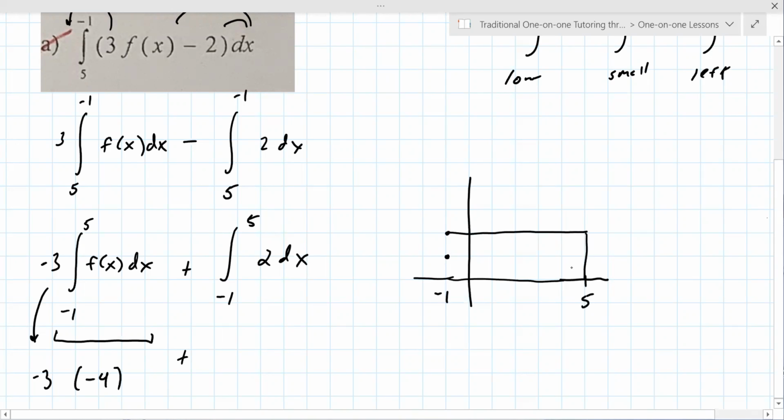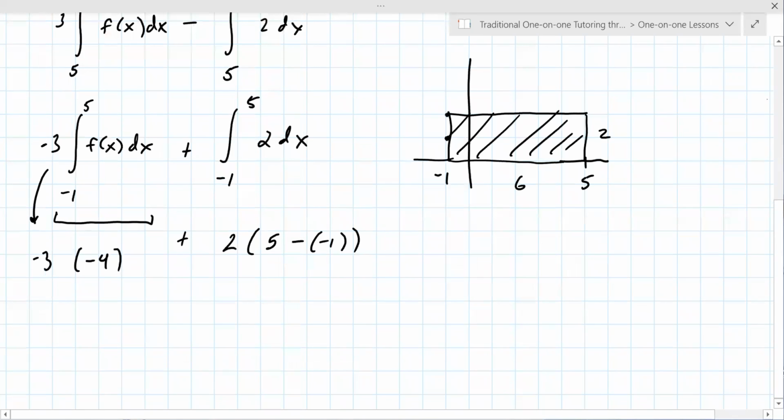So it's this rectangle. Some students will say, okay, well, it's 2 times 5 minus a -1. Some just say, oh, the base is 6 and the height is 2. Some find the antiderivative. It doesn't really matter. You have to come up with whatever you like there. So that's 6, that's 12. This is 12, and total of 24.